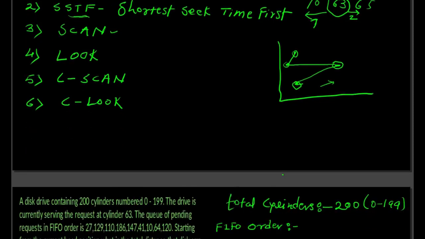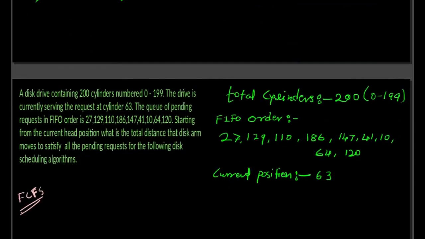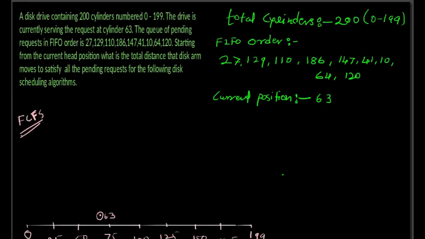Let us take the first example. Okay, so this is the first example we have been given. So what is this example? This example is given on the disk. Okay, so a summary of this example is written here. Total cylinders on a disk are 200. These are numbered from 0 to 199. The FIFO order of the requests. FIFO order means the order in which these requests have arrived, that is first in, first out.